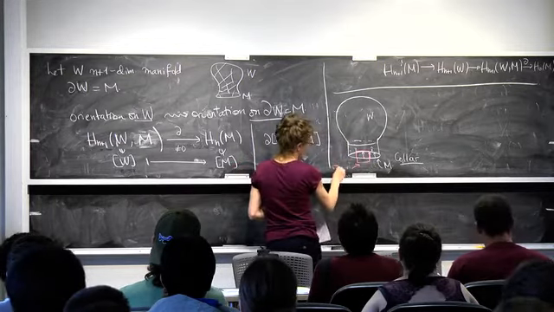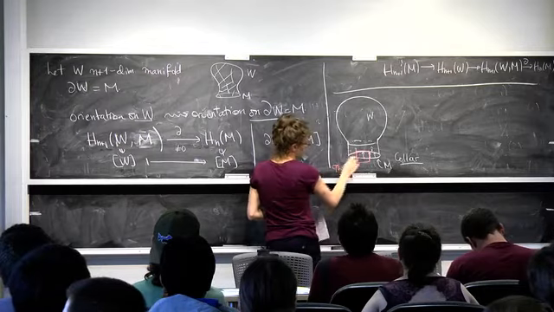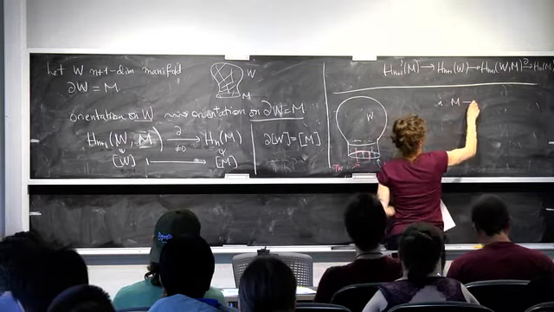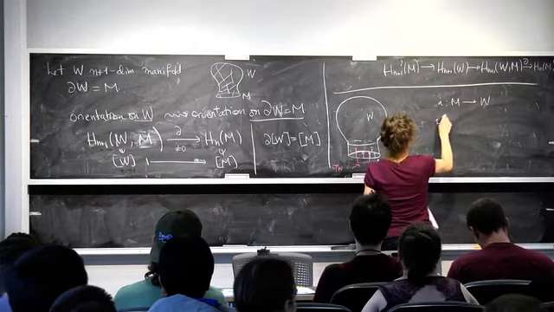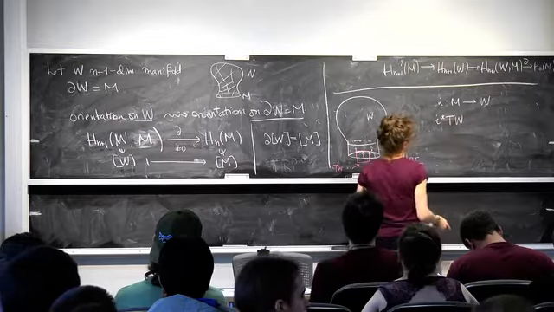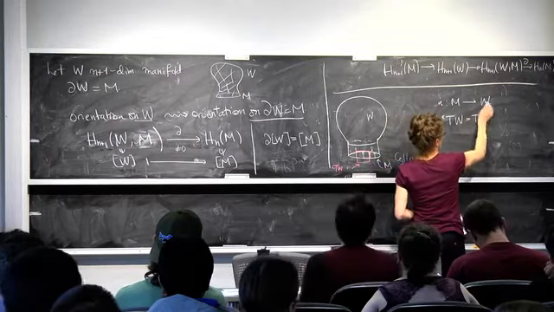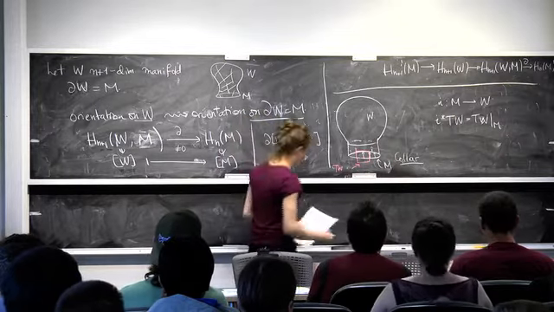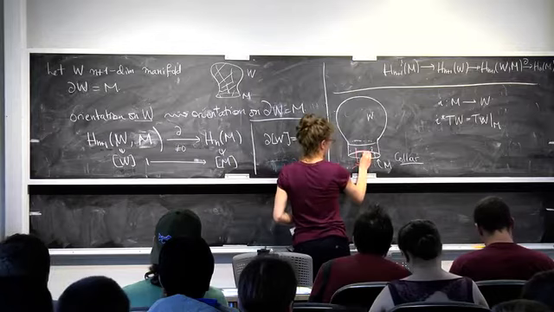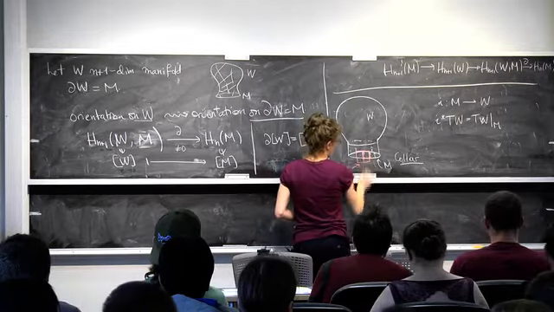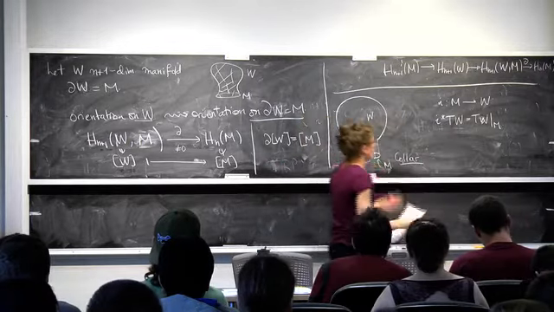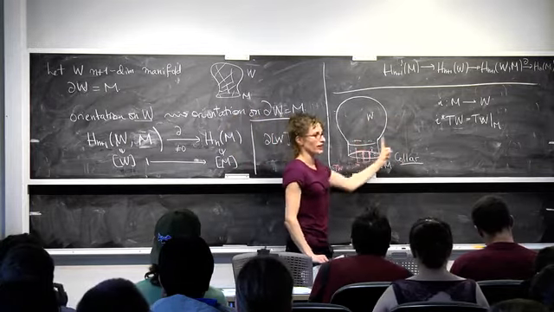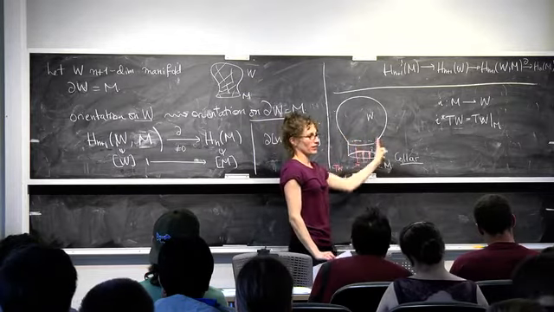Here in red is the tangent space of W restricted to M. In other words, I have a map i from M to W, and I take the pullback of the tangent space of W. And Dylan wrote it yesterday as the tangent space of W restricted to M. And if you look, I've got this vector field pointing along M. So that means that I get a copy of a trivial bundle. You can see it in the inward pointing vector field.